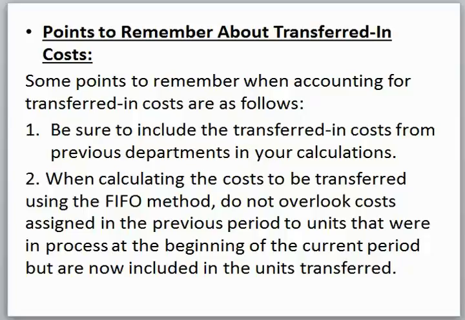Number 2, when calculating the cost to be transferred using the FIFO method, don't overlook costs assigned in the previous period to units that were in process at the beginning of the current period but are now included in the units transferred.